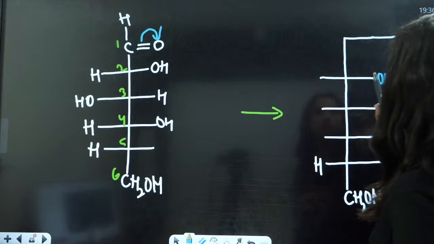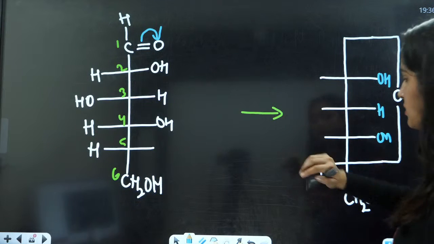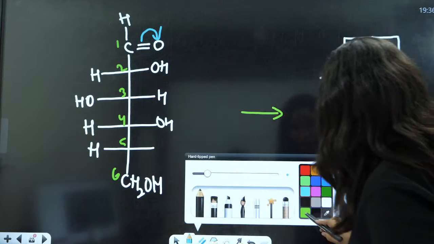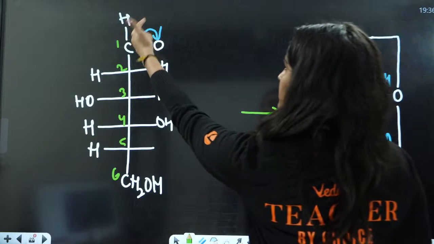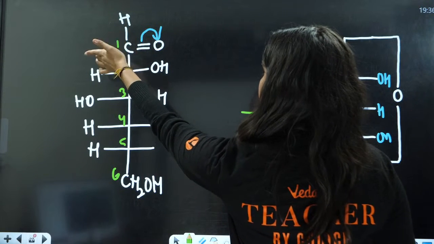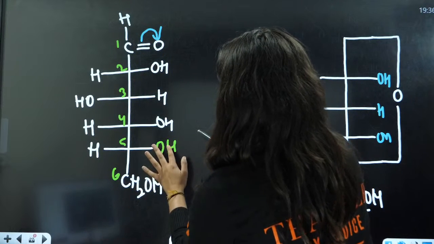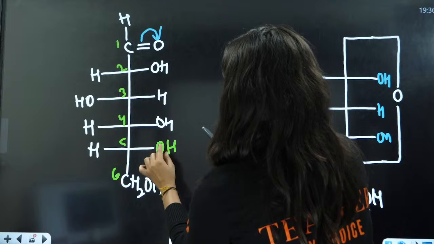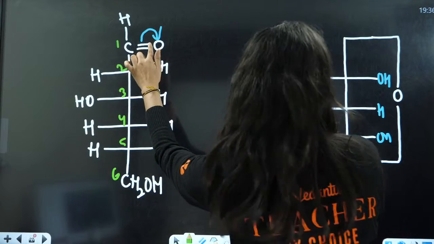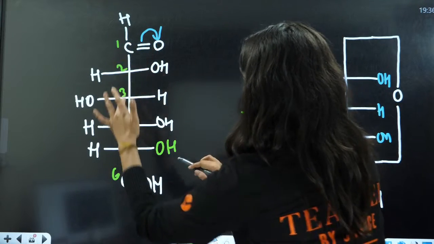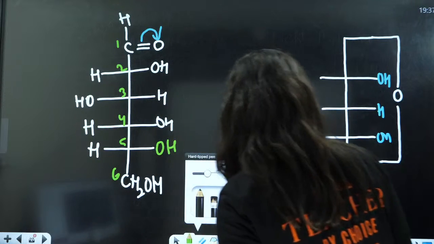This is the first carbon, this is the sixth carbon. The electrons are going to shift here. This will be the first carbon, this is the OH, and the OH bond is here. The H is going to get bonded with this OH, and this O is going to have a bond.